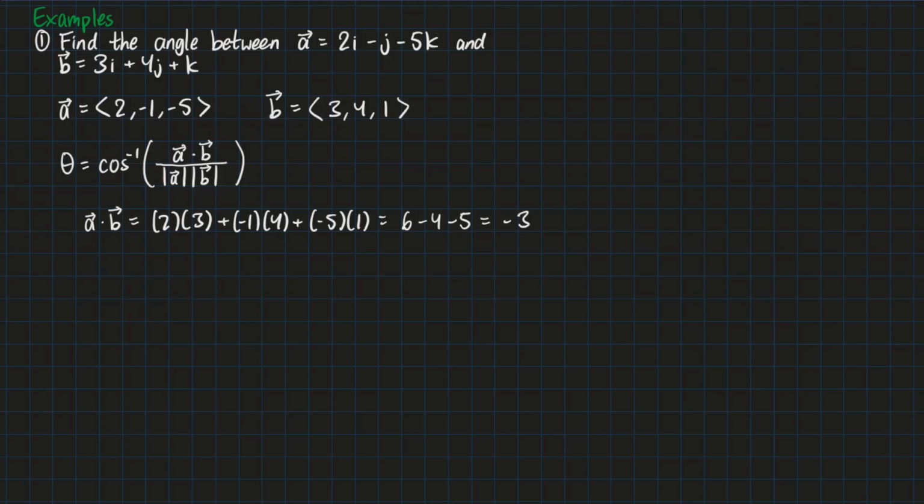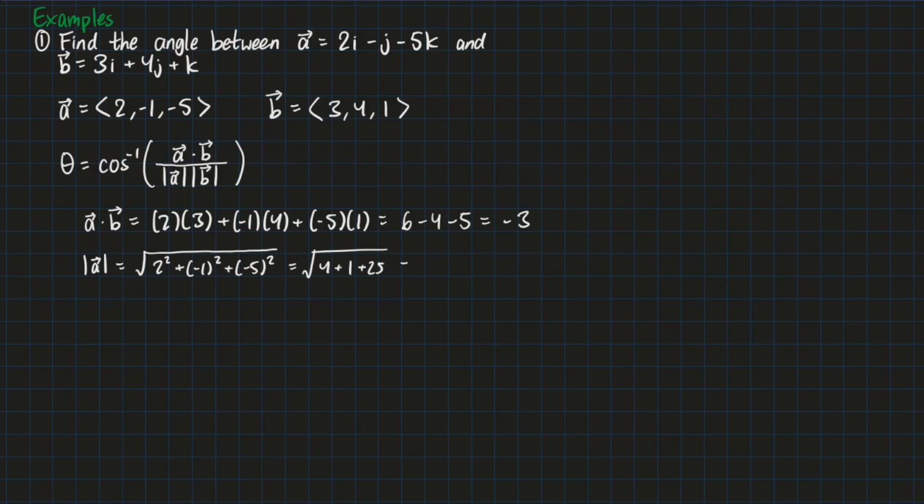Now we need to find the magnitudes of vectors a and b. So for vector a, we use the equation square root of 2 squared plus negative 1 squared plus negative 5 squared. So in the square root we have a 4 and a 1 and 25.